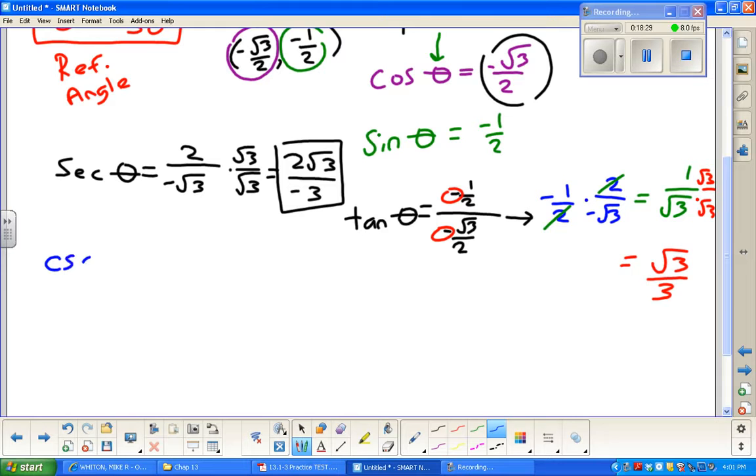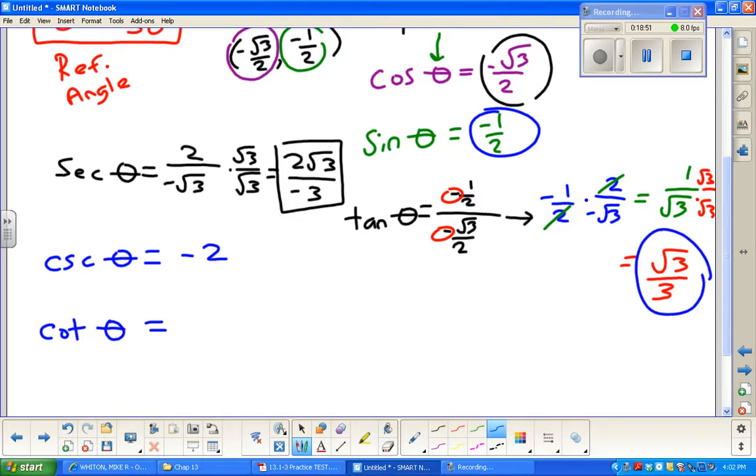Okay, cosecant is going to be the reciprocal of sine. So just flip that over. Luckily there's no roots in there, so it's just 2 over negative 1. So it's actually just negative 2. And then cotangent of theta is going to be the reciprocal of tangent, so 3 over root 3.